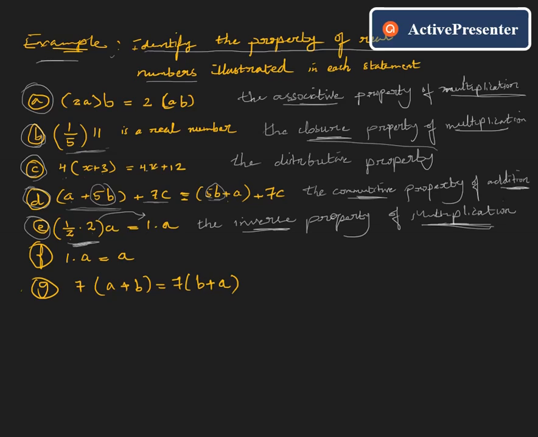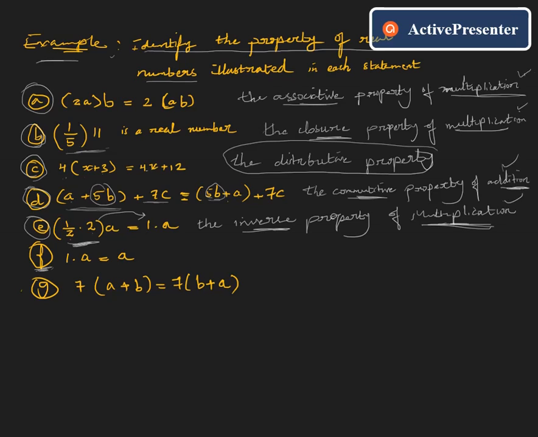The distributive property is common, so you don't need to write multiplication or addition, because it combines the two operations. However, for the closure, commutative, associative, identity, and inverse, you have to identify whether it is an addition property or a multiplication property.